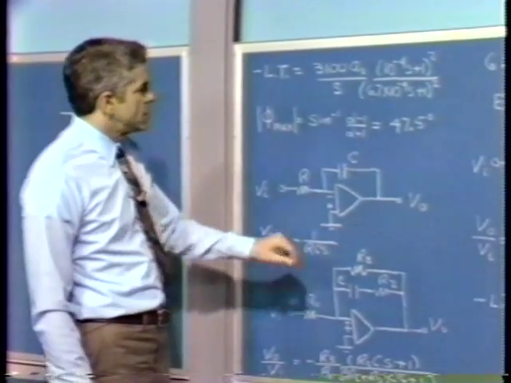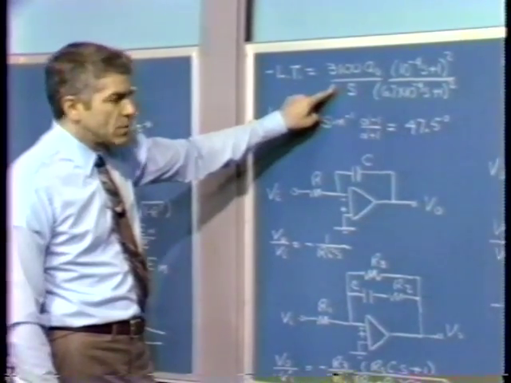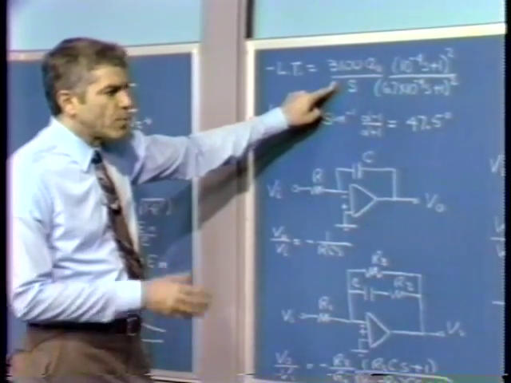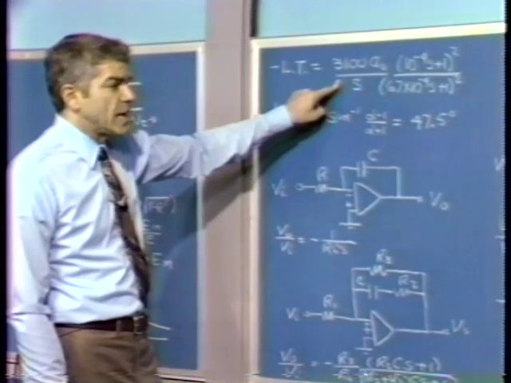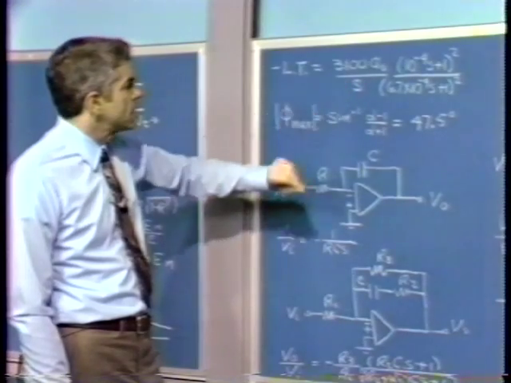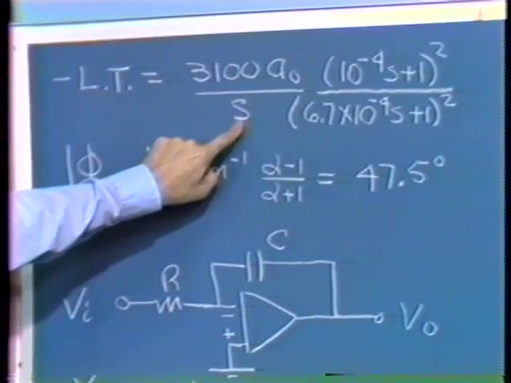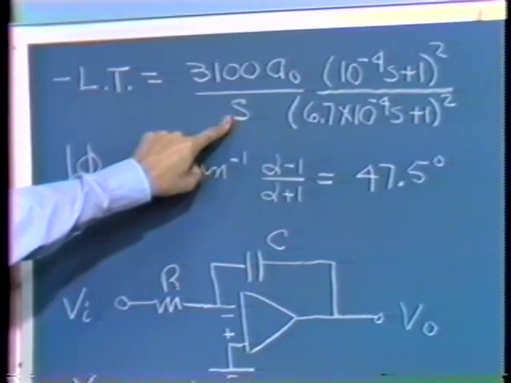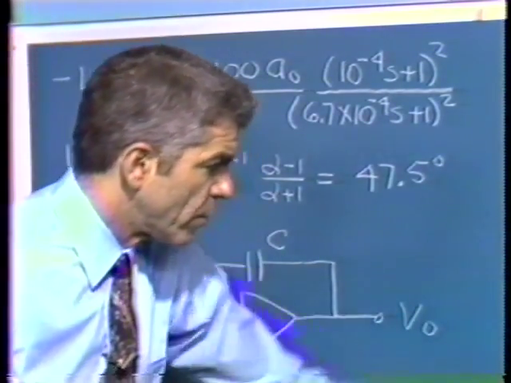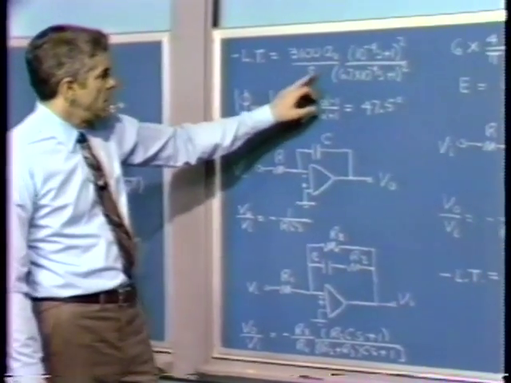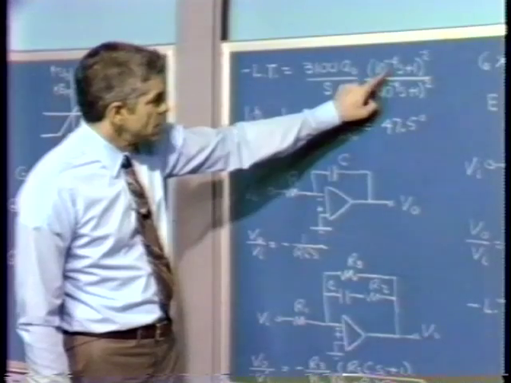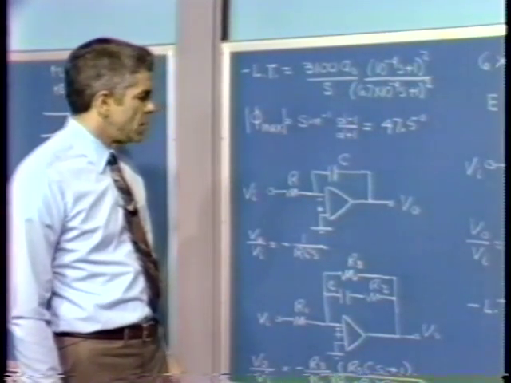And so the result, if we go back to our original loop transmission, under large signal conditions, to the extent that we're able to argue, as I have, that the net effect of having a large signal is to shunt that resistor across the feedback capacitor, what we do is remove the pole from the origin and replace this with a pole that's 1 over RC S plus 1. And that pole cancels one of these zeros.